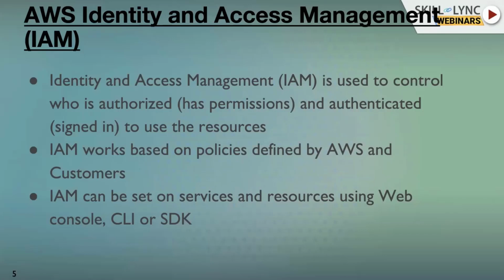IAM policies can be written and applied in multiple ways, right? Like the AWS Web Console that we access in a browser. Using the console, we can write IAM policies and attach them to a user or a group. Or we can leverage the AWS CLI, the command line tool. Or if we are a programmer or developer, we can leverage an SDK.